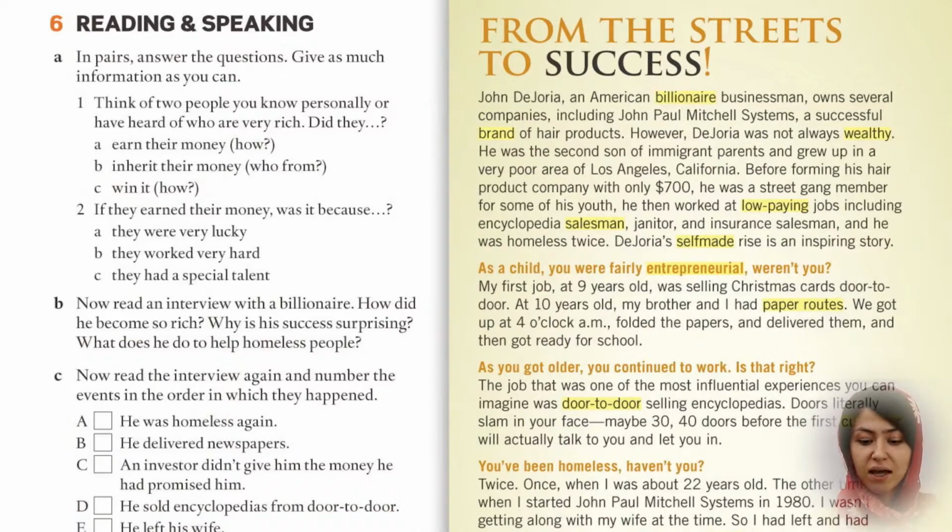Now, let's turn to the reading section on page 17, okay? So, there's the reading here and I'm gonna read that text for you. Afterwards, you can answer these questions based on the reading. Right now, I'm gonna just facilitate the process for you, okay, to understand the text, to comprehend it, and you can answer the questions.